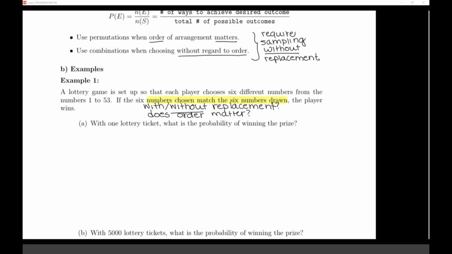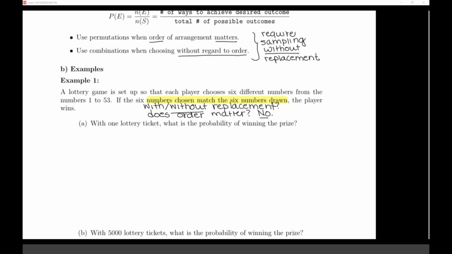Do you have to match them in the same order they're drawn, or do you just have to match the 6 balls once they come out of the bin? I guess what I'm asking is if your lottery ticket says 1, 2, 3, 4, 5, 6, and they draw 6, 5, 4, 3, 2, 1, do you win? Yes, you do. It would be virtually impossible to match them in the same order. So order does not matter.